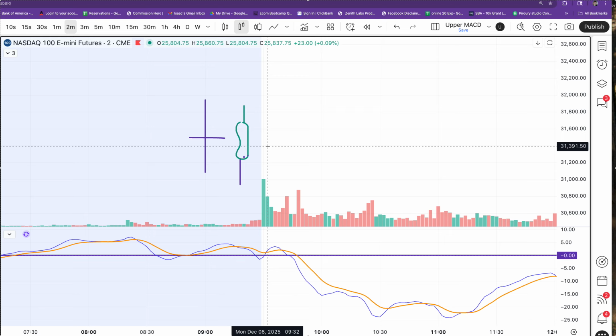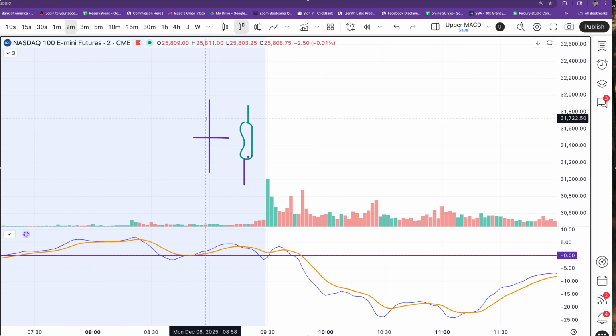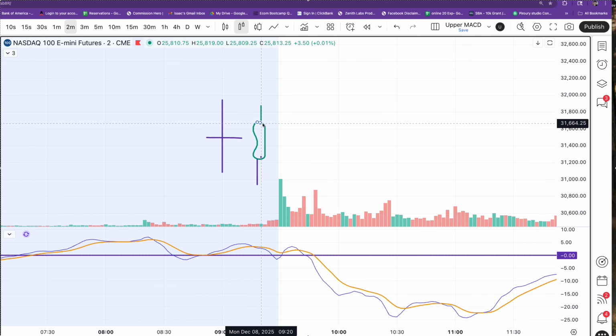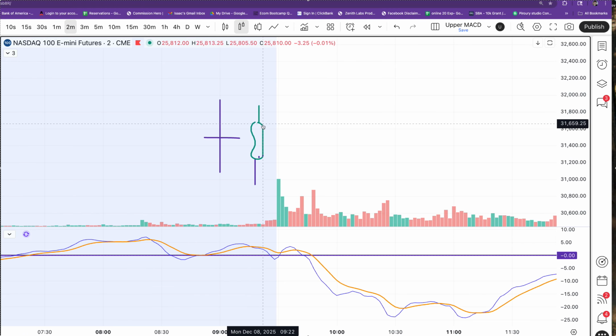Meaning that yes, you had a lower low and a lower high than the first 15-minute candle, but it ended higher. So for me, all that says is that we're not looking for a setup yet. Why? Because, simply put, the body of the candle neutralized the wicks of the candle.